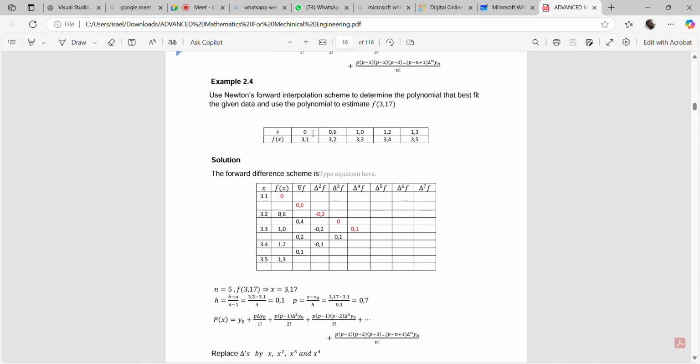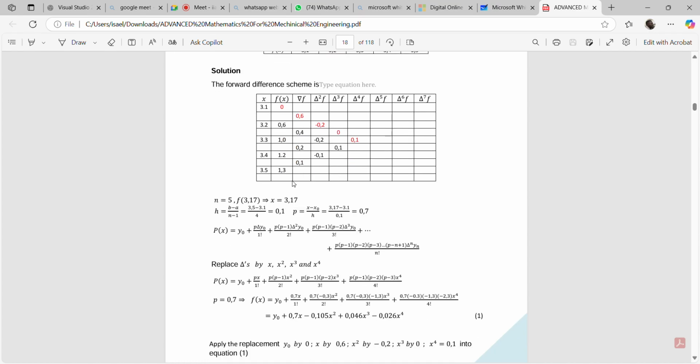The x values are 0, this, and this, right? The f of x values are 3.1, 3.2. Why is it swapped here? You have x values. On the x values, you have... Oh, something is off.